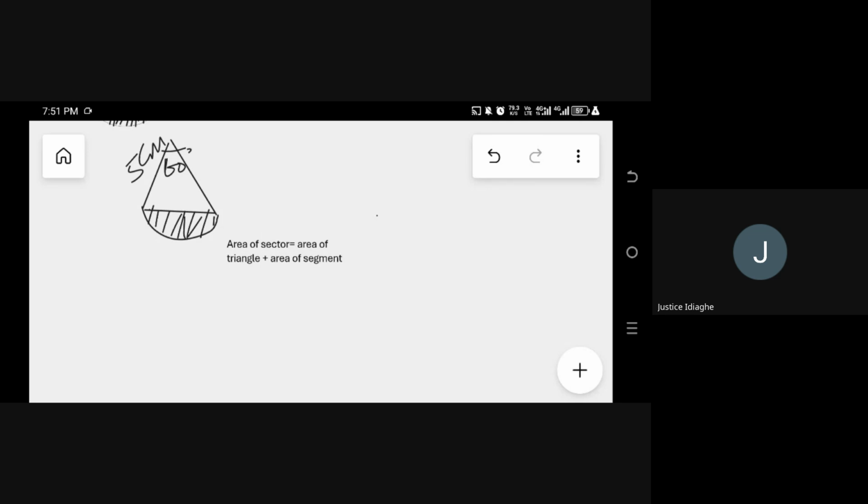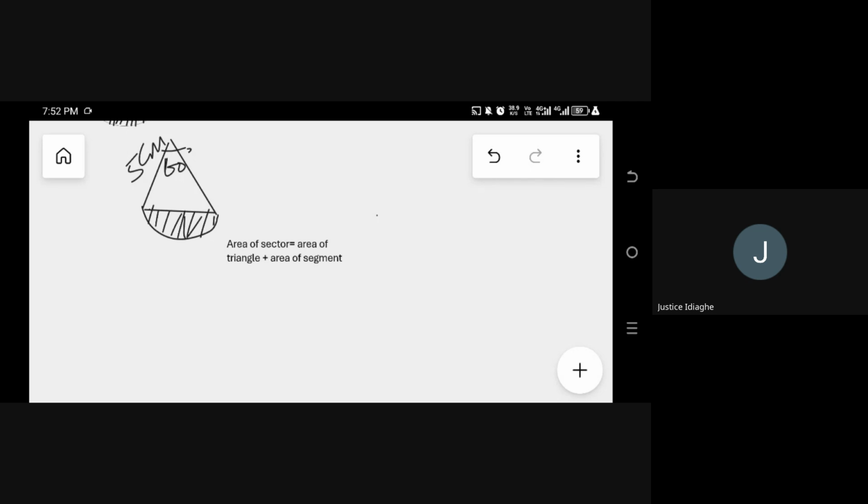If you have to get the area of the shaded portion, the shaded portion is a segment. So you have to find the area of the sector first, and secondly the area of the triangle at the top, and then you subtract.